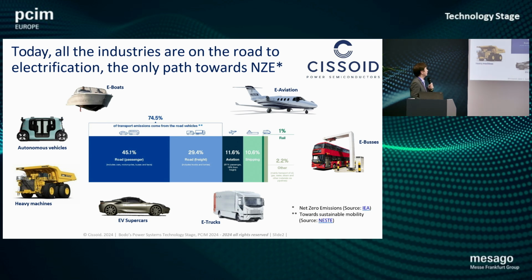Besides passenger cars, a lot of industries are today moving to electrification, which is the only path to net zero emissions. And this includes trucks, EV machines, autonomous vehicles, and even electric boats and e-aviation.